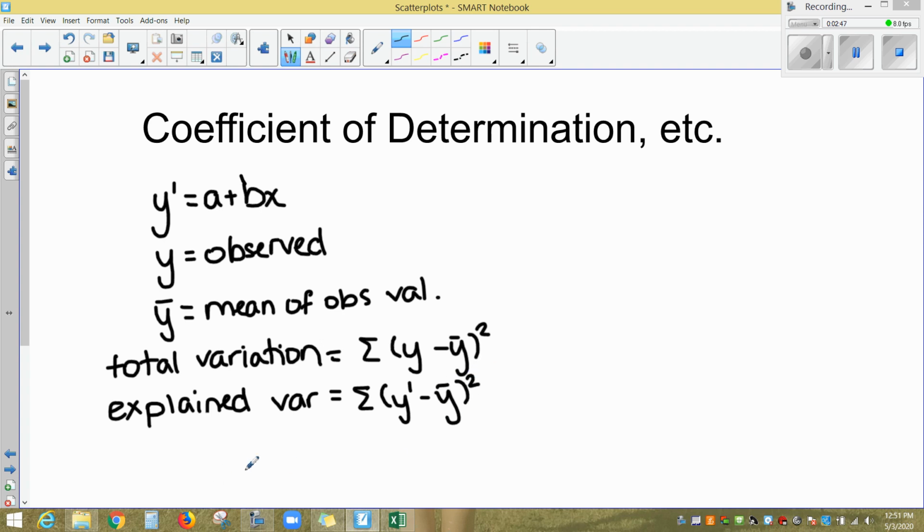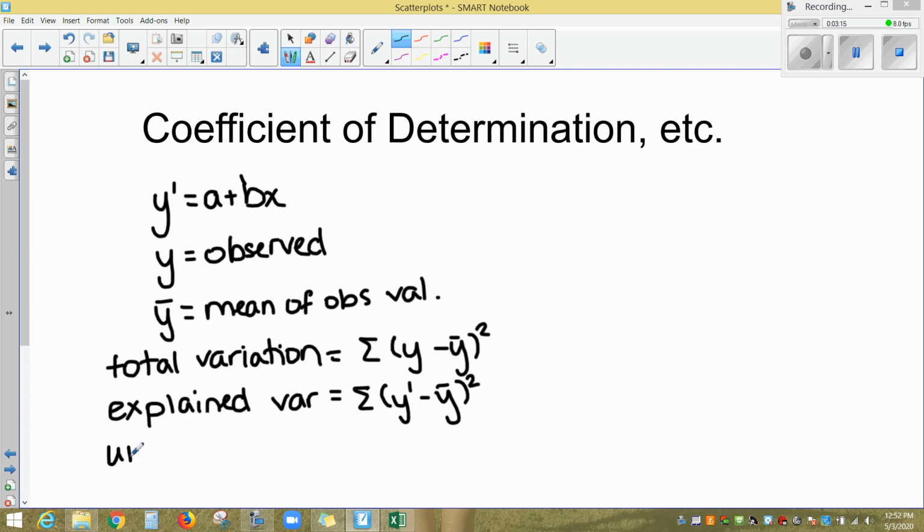The closer r is to 1 or -1, the closer these two values become, meaning the part of our variation that we can explain is very close to our total variation.